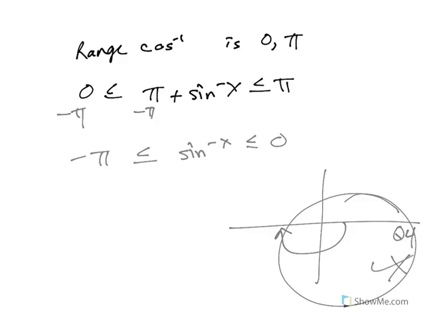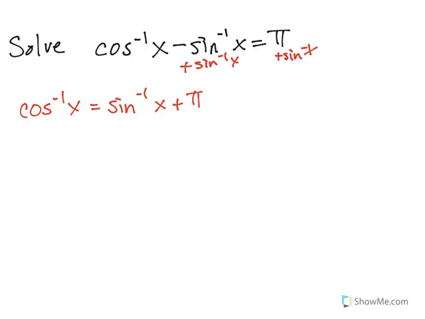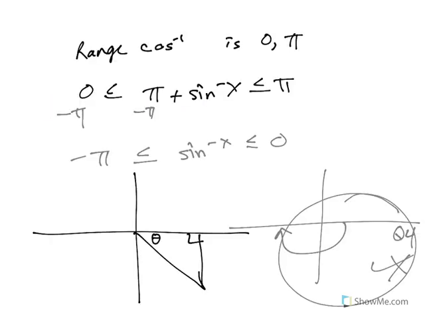Now that's important because we are thinking about our angle. If we go back to our inverse sine of x, that means the sine of some angle is x over 1.